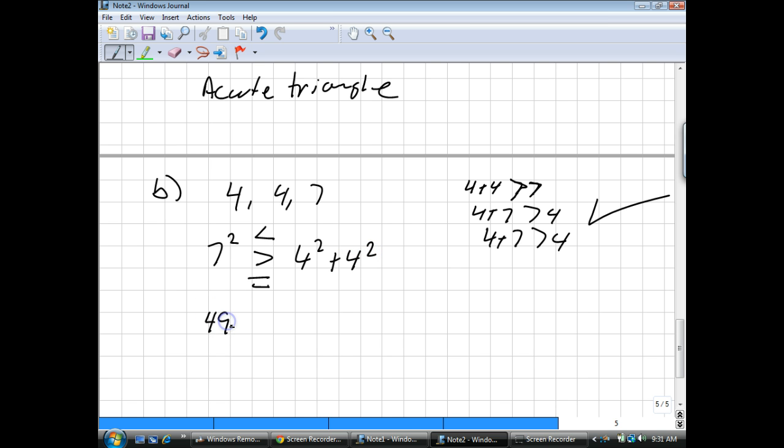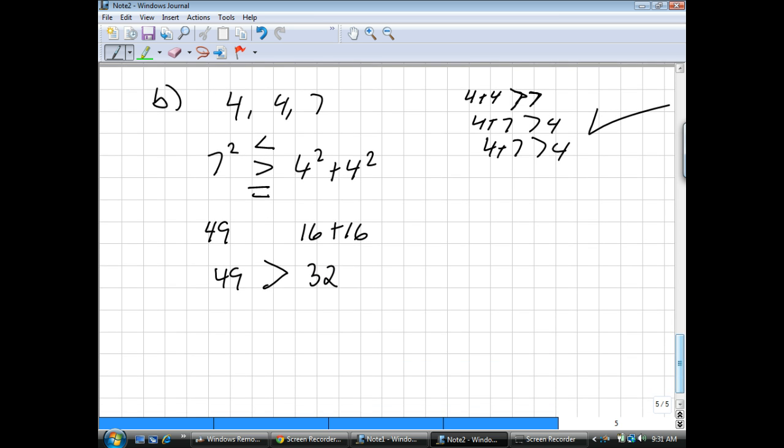So 7 squared is 49, 4 squared is 16, and 16, so I get 49 and 32. That's greater. So the longest side is greater, so this is an obtuse triangle.